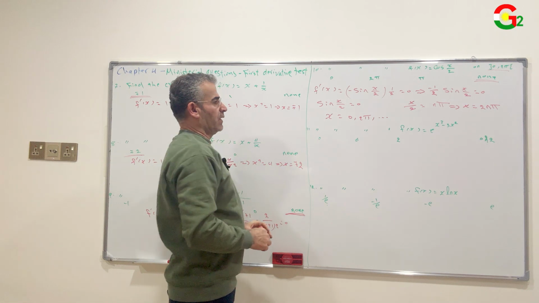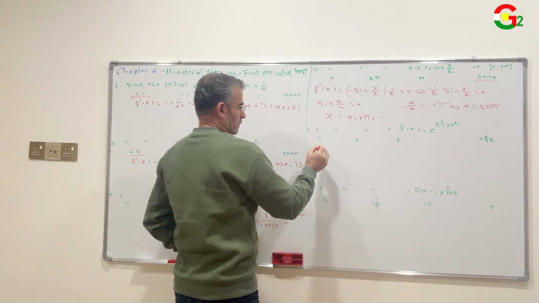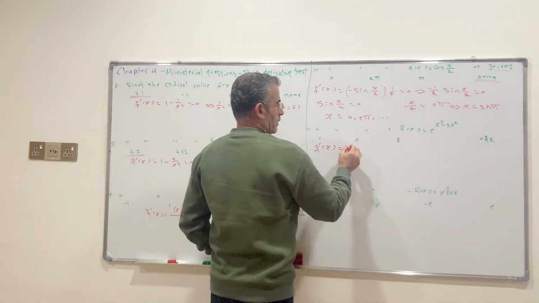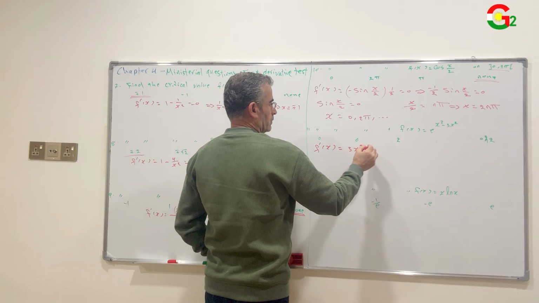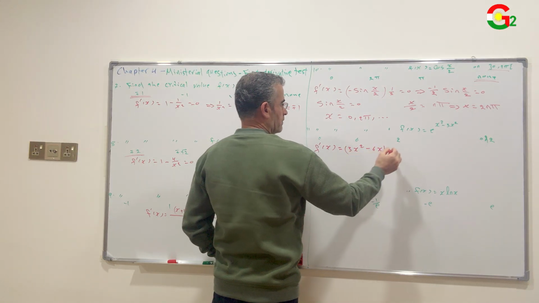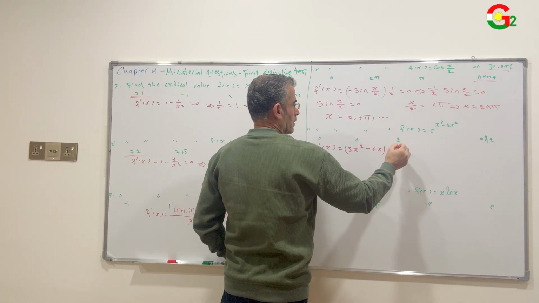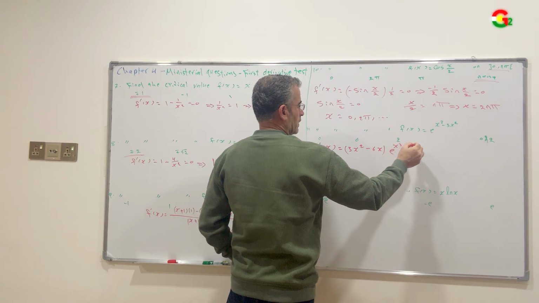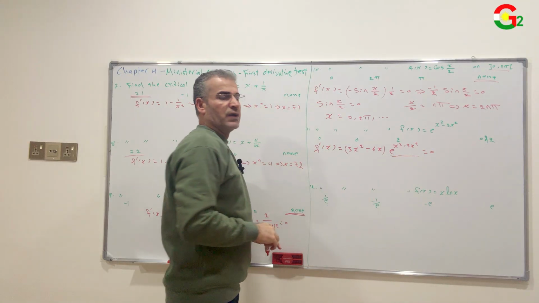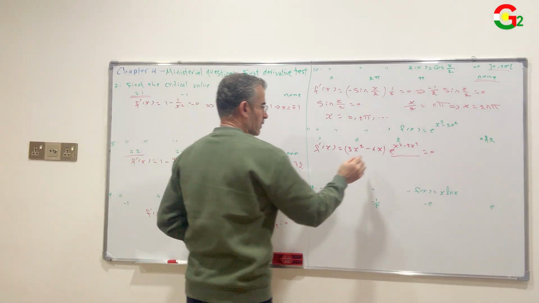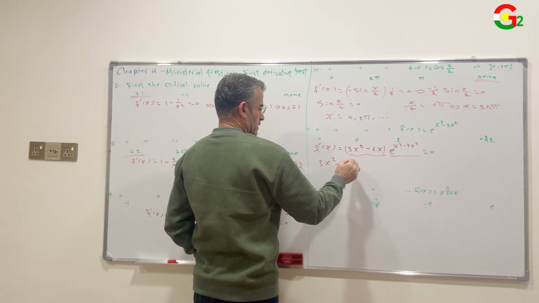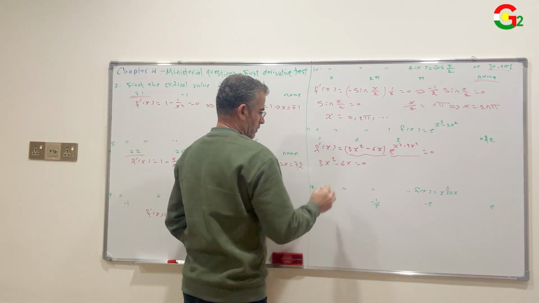Question number 11, find the critical value of this function. Find the derivative of the function: f prime of x equals (3x power 2 minus 6x) times e to the x power 3 minus 3x power 2. Set it equal to 0. Since e never equals 0, we have only 3x power 2 minus 6x equals 0.